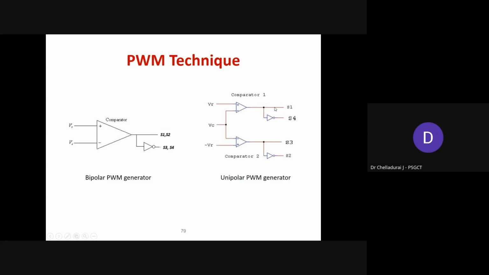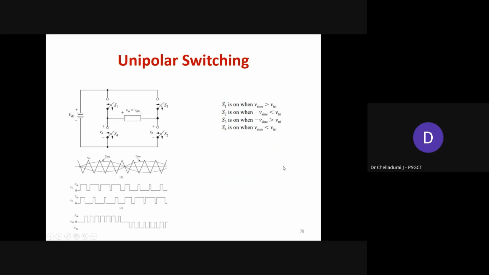From this first pulse output, use one NOT gate. Then we will get the second one. Similarly, from this second one, we can get the 4th output pulse. So now by using S1, S4, S3, S2: S1 and S4 are the first arm upper switch and first arm bottom switch.